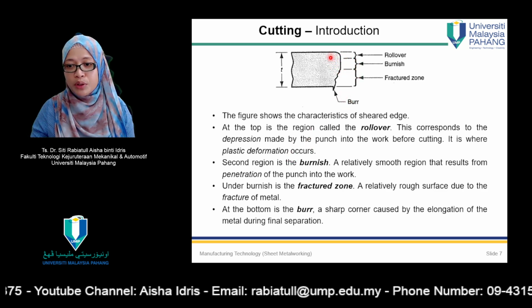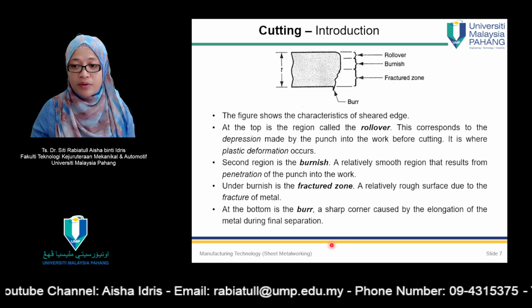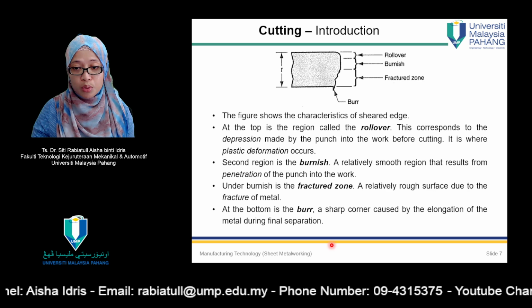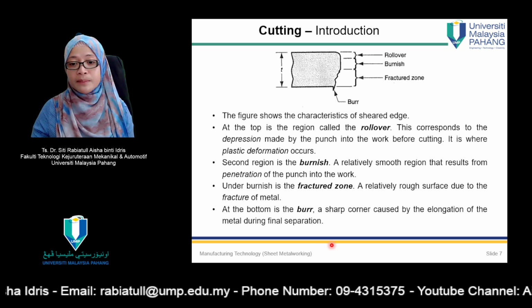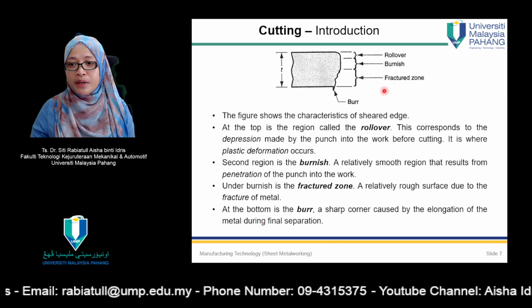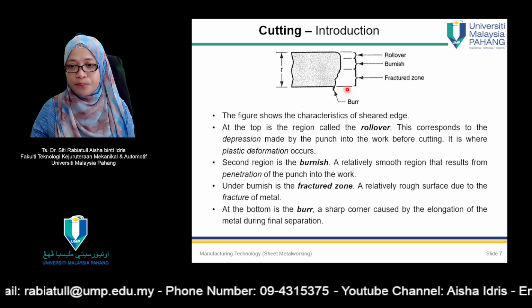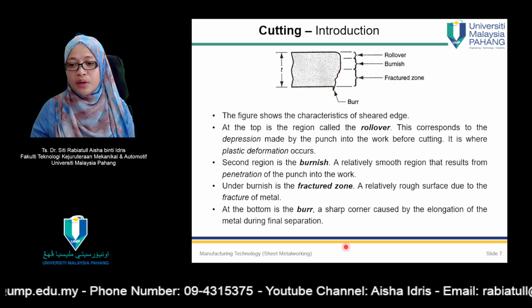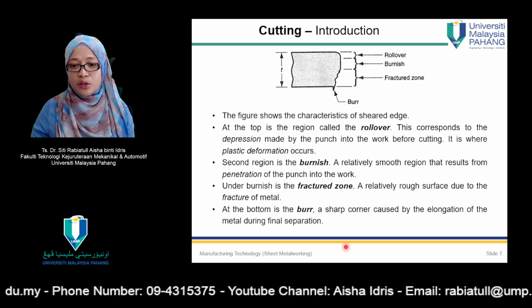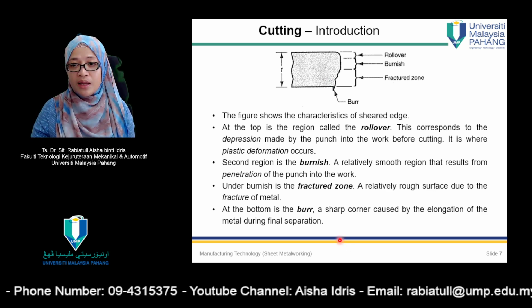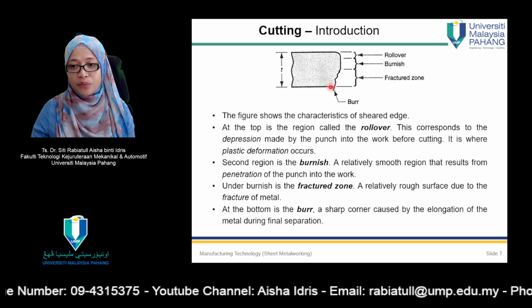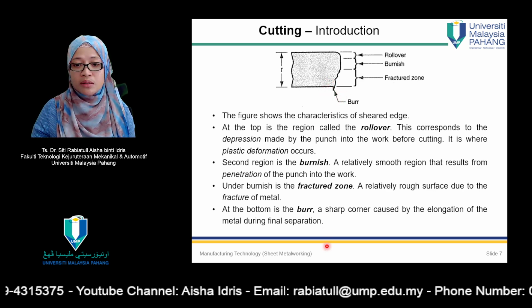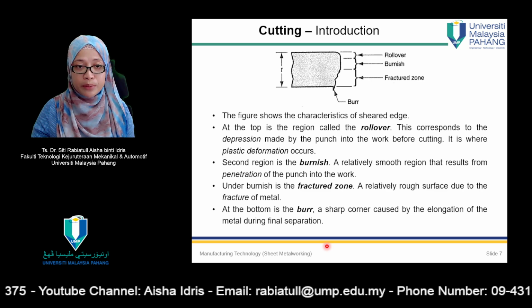Burnish is a relatively smooth region that results from penetration of the punch, or cutter, into the work. Under burnish, the third part is the fracture zone, a relatively rough surface due to fracture of the metal. At the bottom part is the burr, a sharp corner caused by the elongation of metal during final separation.